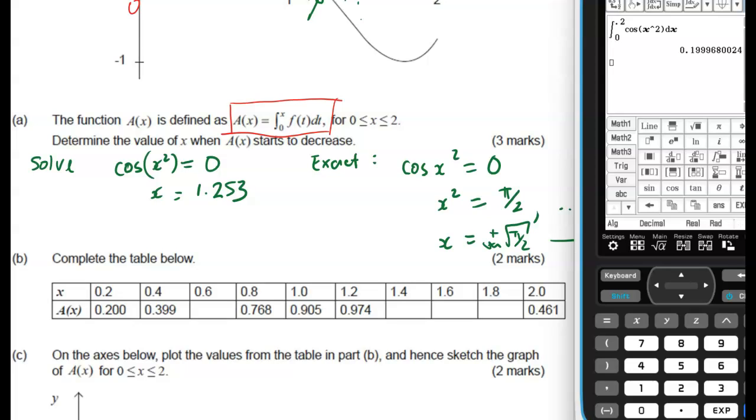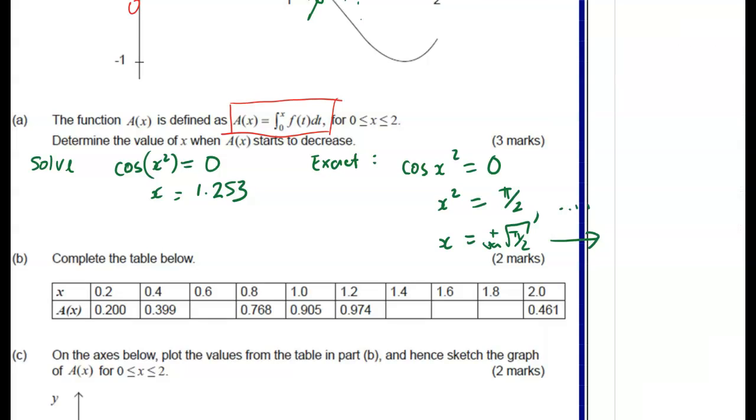And that should be 0.2, well, it is to 3 decimal places at least. So we are doing this from 0 to 0.6 for the first one. So 0.592. And basically we keep going.